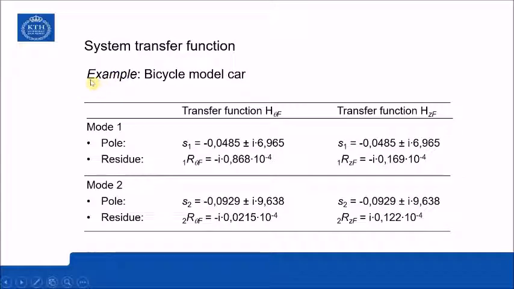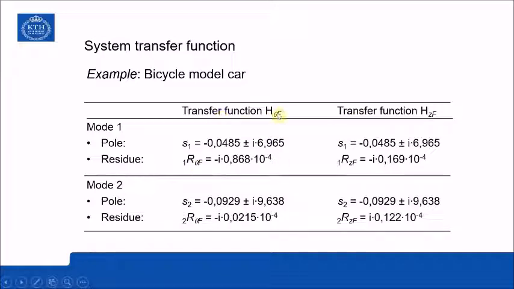So, remember now the example from the previous presentation, the bicycle model of a car. If we continue this numerical example, we obtain for pole 1, S1, that was equal to this complex number. And in fact, it turns out that this pole appears for all four transfer functions that we can determine.